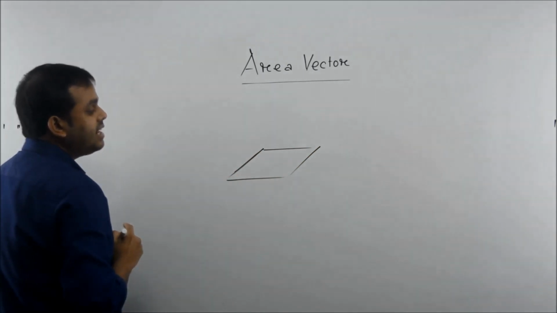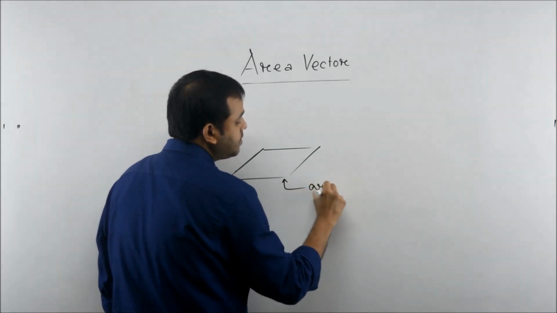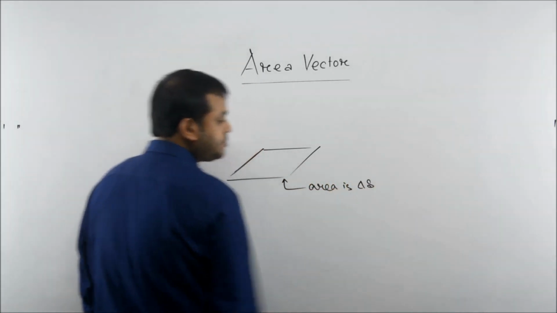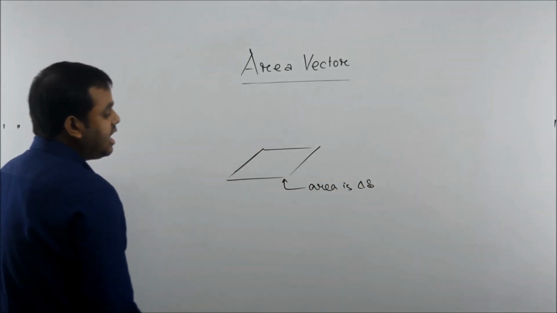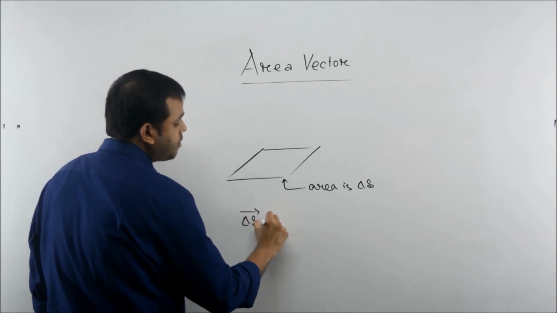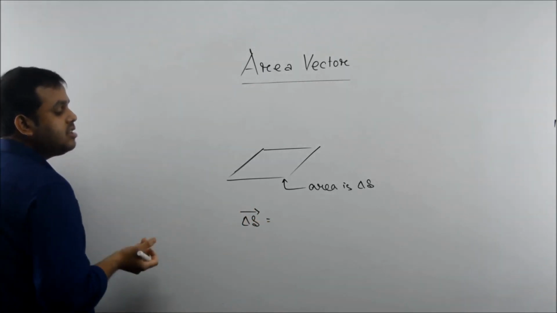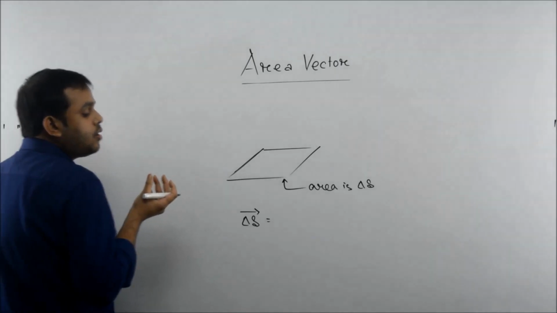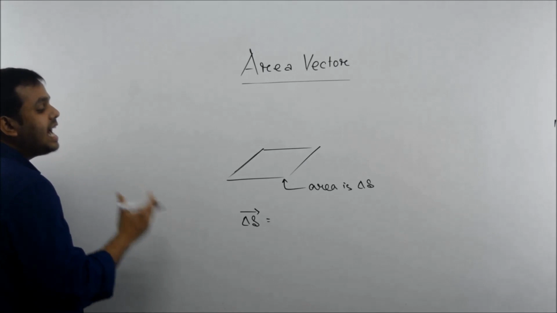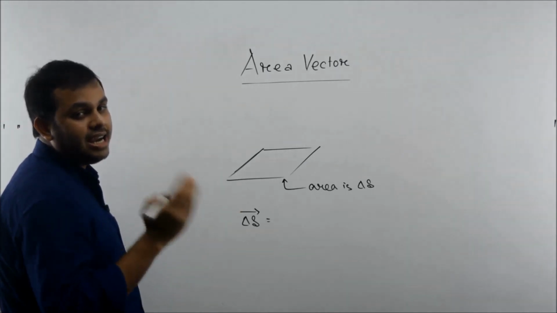Now, let us consider this as a planar element. This is a planar element whose area is delta S. Clear students? Now if we write area vector, then obviously we should explain its magnitude and its direction, because a vector has magnitude and direction.